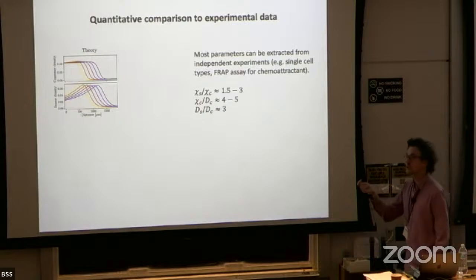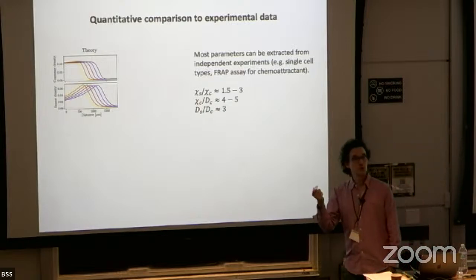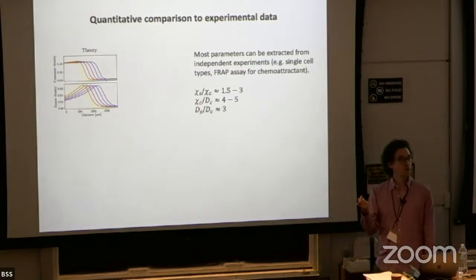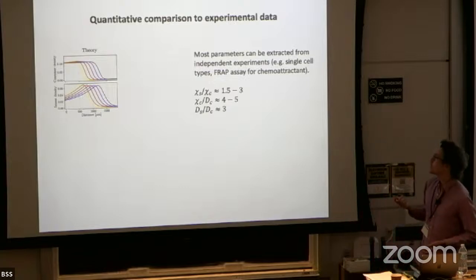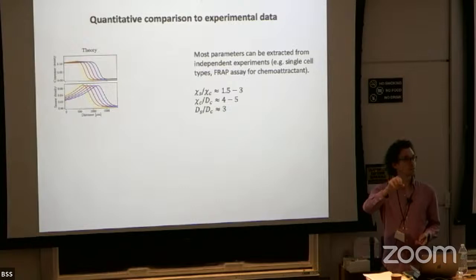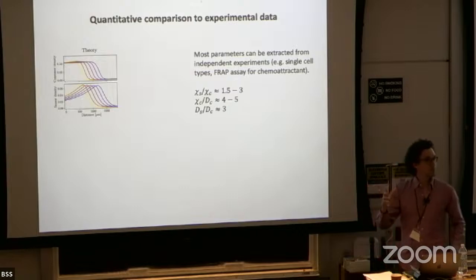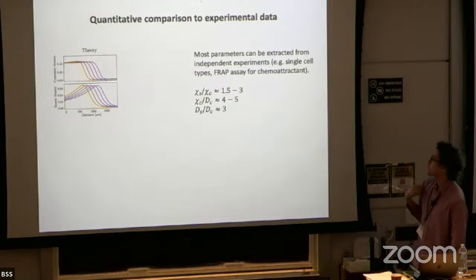For instance, the diffusion of the chemoattractant, we got through FRAP, right? You can bleach the fluorescent molecules and see how quickly they diffuse, and that gives you the diffusion value of your chemoattractant. You can also look at single cell motility. If you observe single cells, you can look at how much they move forward. It gives you the diffusion coefficient of your cells.